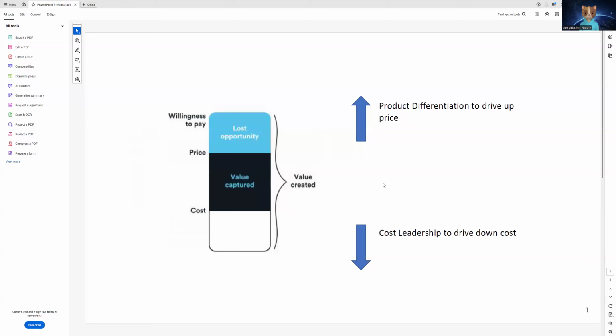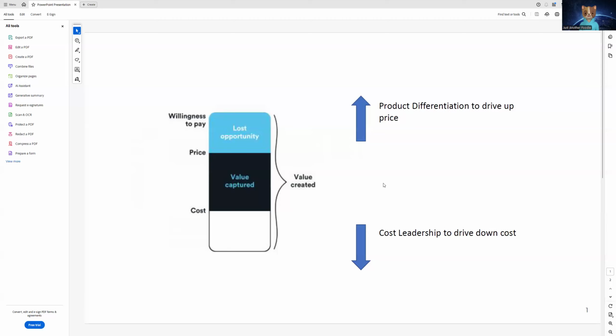And the value you captured for the company is the difference between what the customer is paying for the product or service minus the cost of building that product or creating that service. So when you think about the way you work as different functions in your corporate organization, you basically need to do two things.